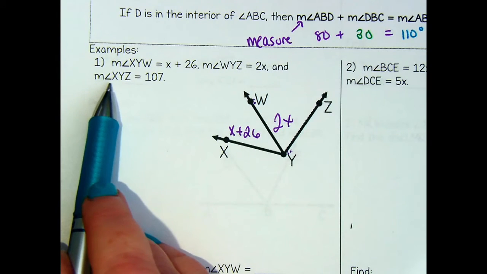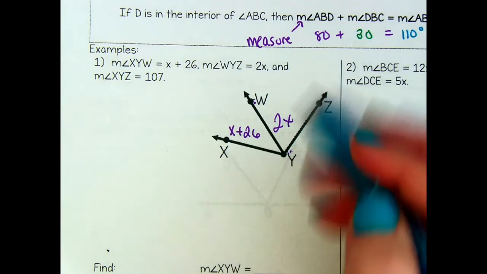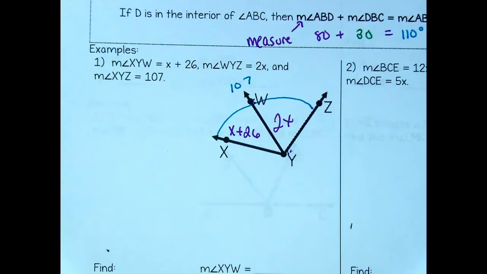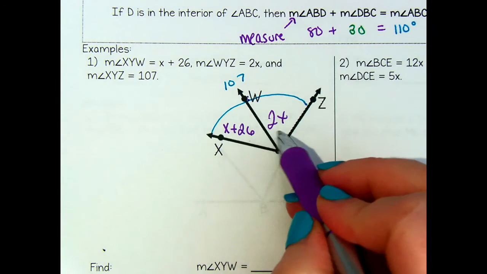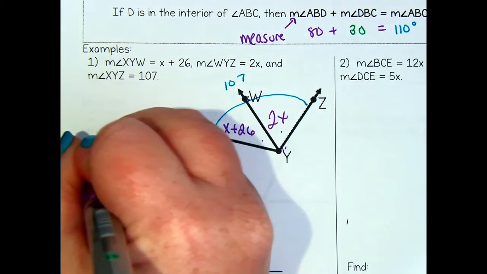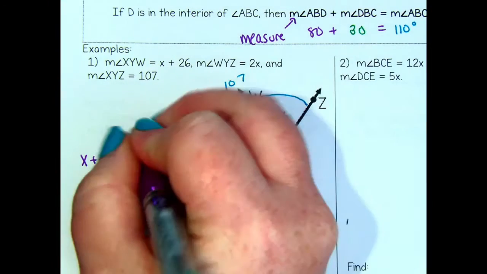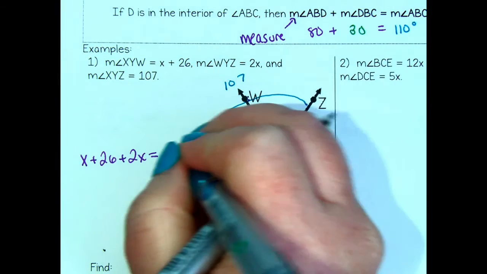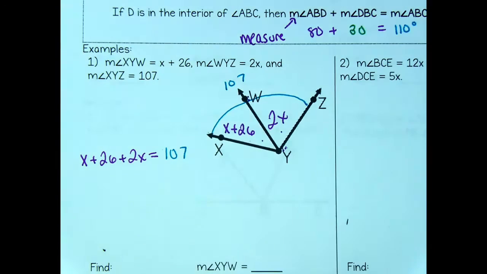The measure of angle XYZ is the whole thing, and that's 107. So now I can set up my algebra equation because I know that two parts add up to the whole. So I say x plus 26 plus 2x is equal to 107. And once I can set it up, I can solve it algebraically.